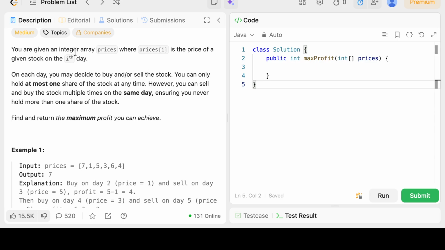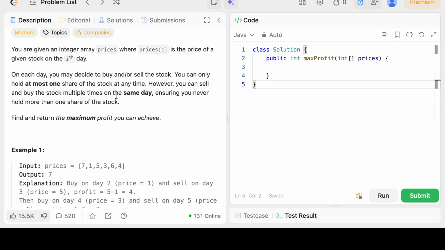You are given an integer array prices, similar to the last video where I solved it. In the last video, if you have watched it, only one transaction was allowed.